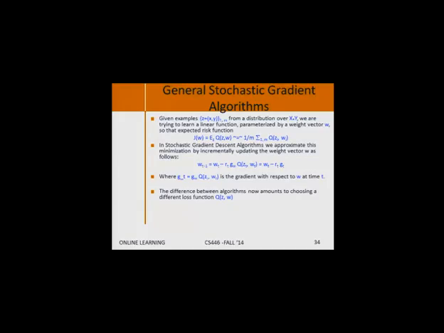This is the gradient with respect to W of our loss function, which from now on I'm just going to call G_t, the gradient at time t. So that's a general algorithm. I just want to remind you that we also talked about gradient descent, the batch algorithm, that does this over the sum. So every time it touches all the examples, but now we're talking about the stochastic case or the online case. These two words in our context are interchangeable. So that's a general scheme.